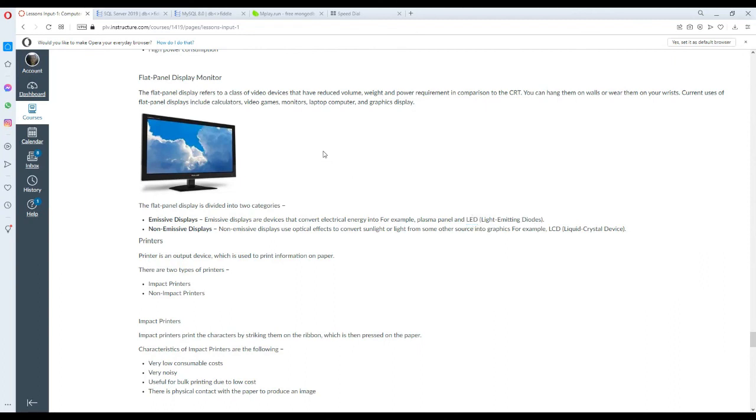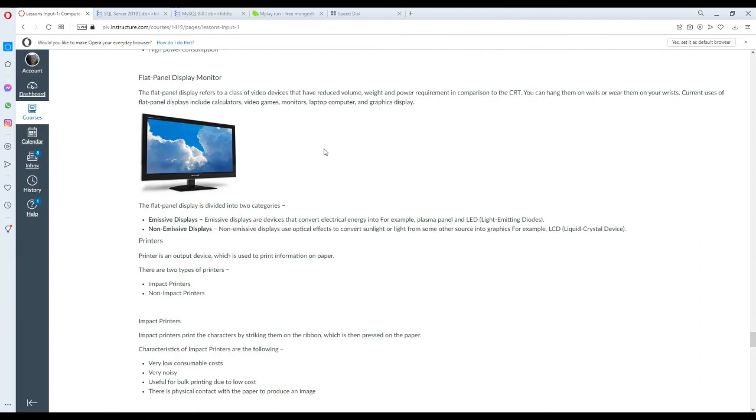We also have the IPS, which is popularized by the iPhone. So it has a clearer and better display than LED, and it is able to produce brighter colors and saturation.